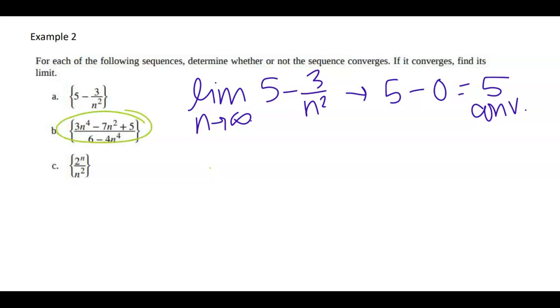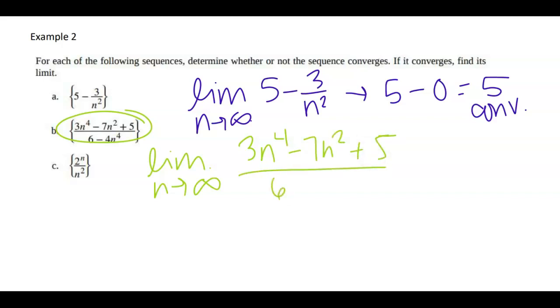All right, let's look at this one right here. So I have the limit as n goes to infinity of 3n to the 4th minus 7n squared plus 5 over 6 minus 4 to the power of n. Here you want to use your horizontal asymptote or end behavior laws from pre-cal to really help you.